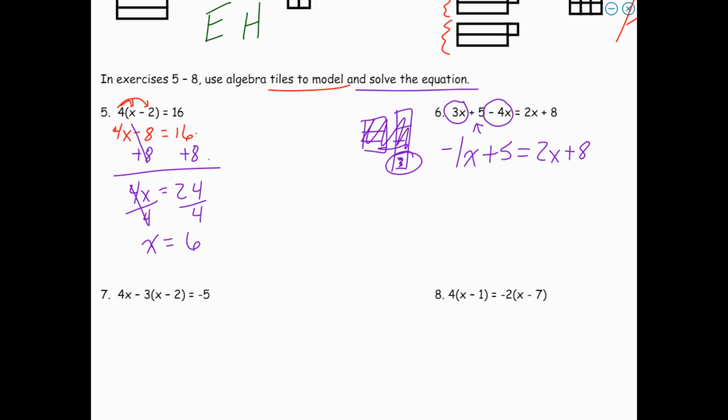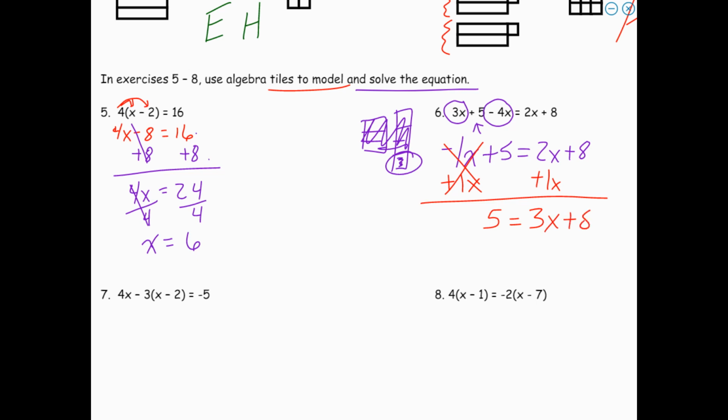So, which direction do we want to cancel my x's out? You cancel out the negative. Okay, it doesn't matter, but yes, I prefer to cancel out the negative x. So we're going to add 1x to both sides so we can get rid of this negative x, because we don't want negative x's in the end. It doesn't change my ones on that side.